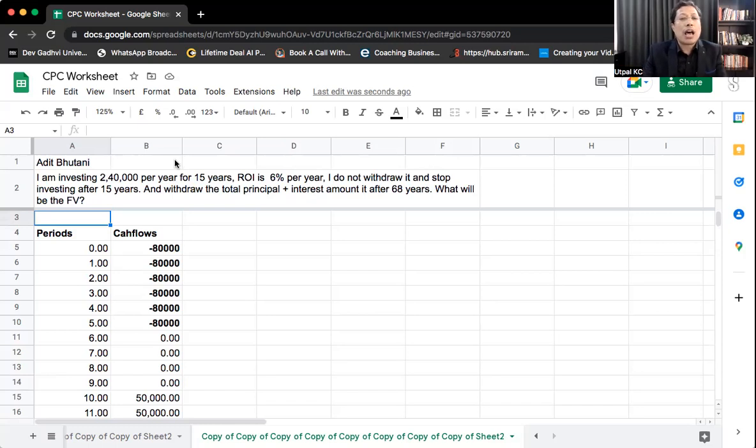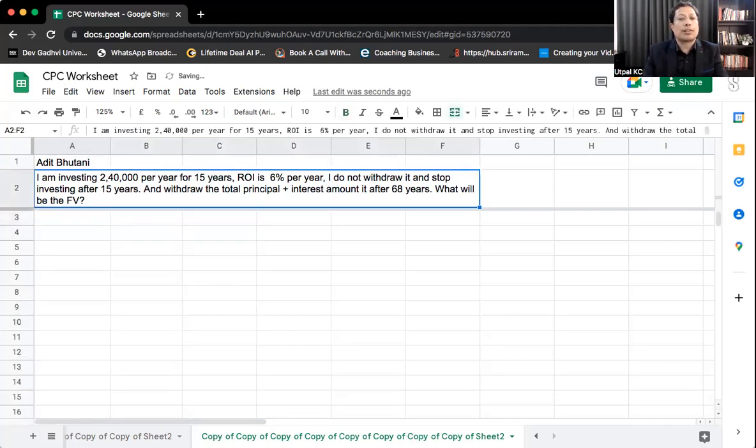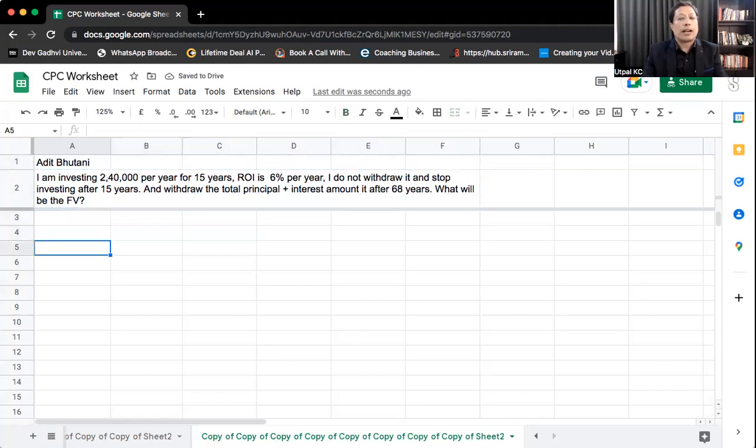Now at 6%, I do not withdraw it and stop investing after 15 years, and withdraw the total principal plus interest amount after 68 years. What will be the FV? Probably also you are losing crores.